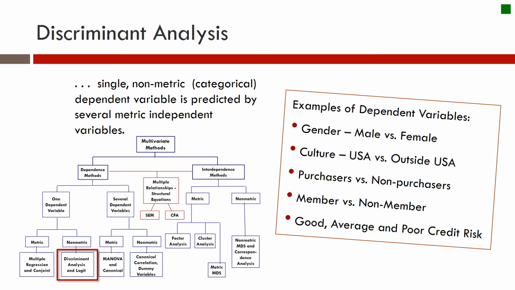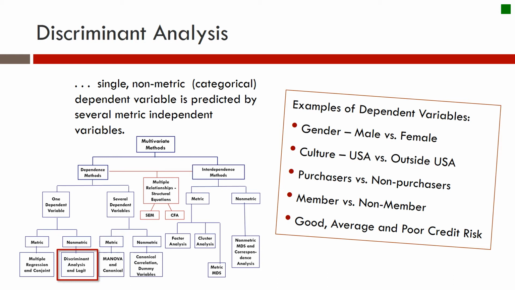We may have split a group of respondents by male and female on gender, and we might think that gender is an important factor in explaining how a certain behavior comes to be. So we might think males behave differently than females. That behavior would probably be the dependent variable, and the fact that male and female play a role, that variable in and of itself, is non-metric.